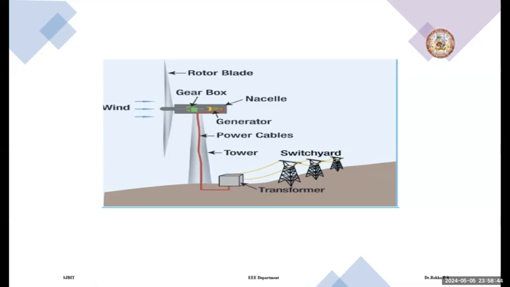Sometimes it may happen that due to high wind pressure, the mechanical structure of the blades can be disturbed and generators may also be disturbed. So controllers are used. The generator gives the signal to the controller and the controller controls the speed of the blade.